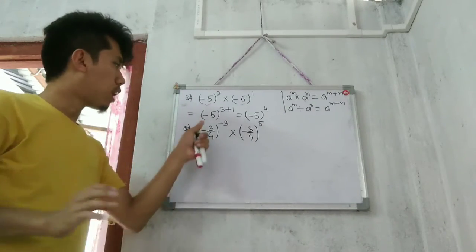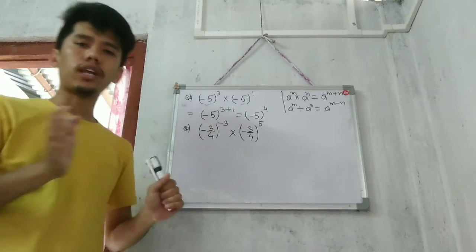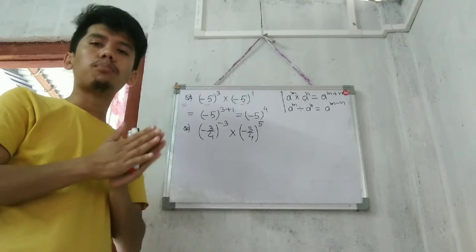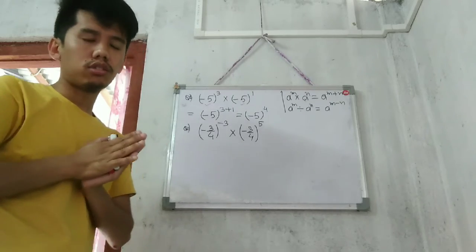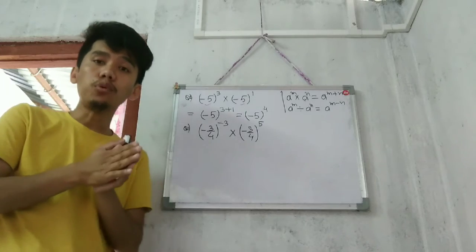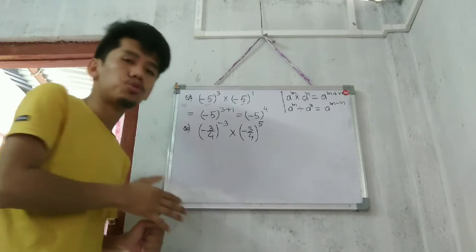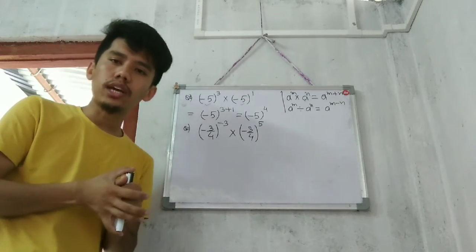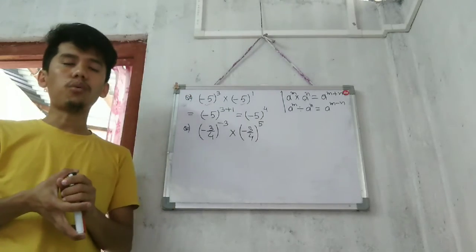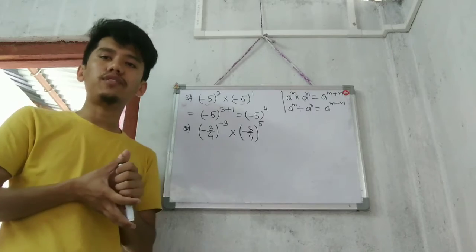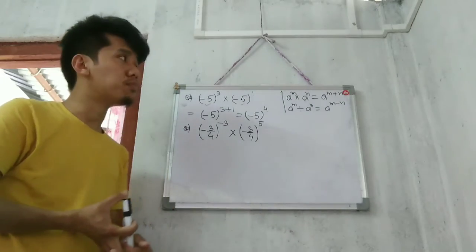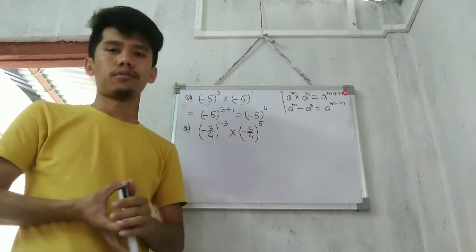Don't look at the powers, whether they are plus or minus, it doesn't matter. Just see whether the bases are the same or not. If the bases are the same, check what sign is in between. If there is a multiplication sign, then you have to add the powers. And if there is a division, we have to simply subtract the powers.